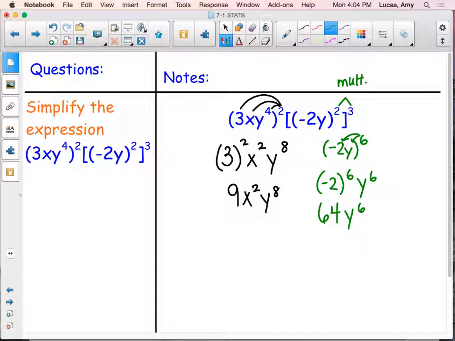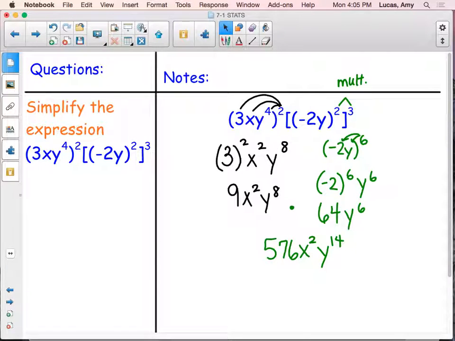Now these still need to be multiplied together because there were parentheses next to brackets. So 9 times 64 is 576, and then I have x to the 2nd and y to the 14th because I add the exponents on my y's.